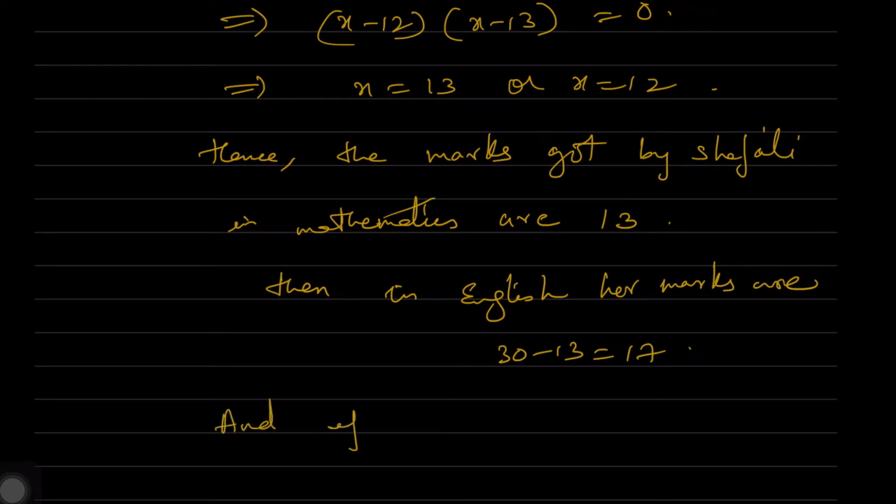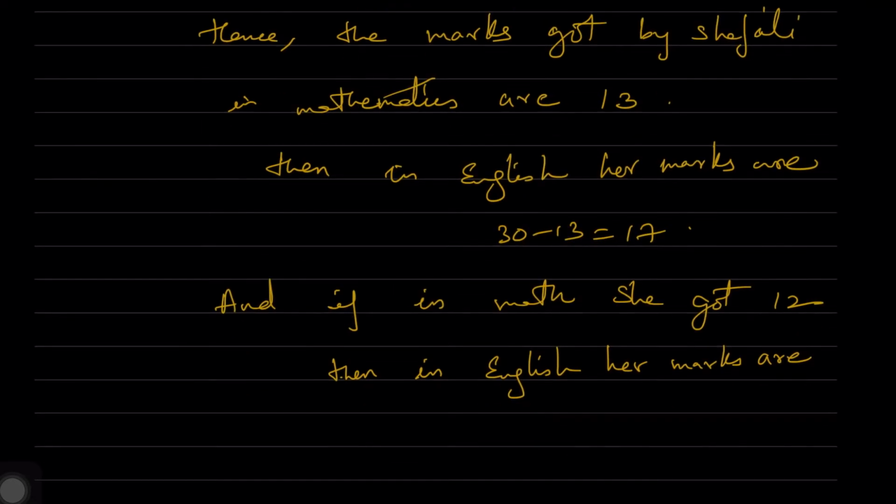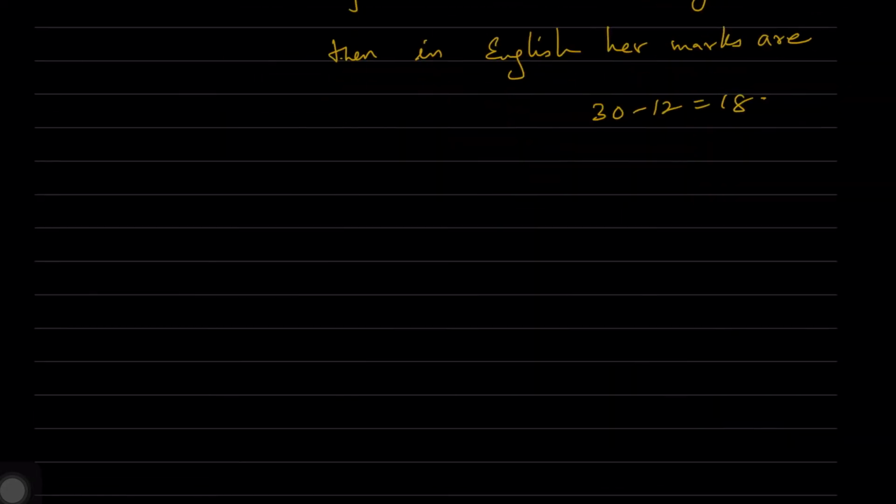And if in math she got 12, then in English her marks are 30 minus 12, which is equal to 18. So now going to the next one.